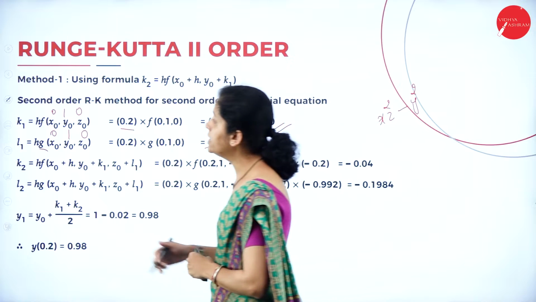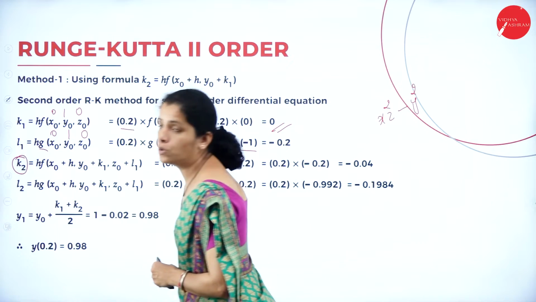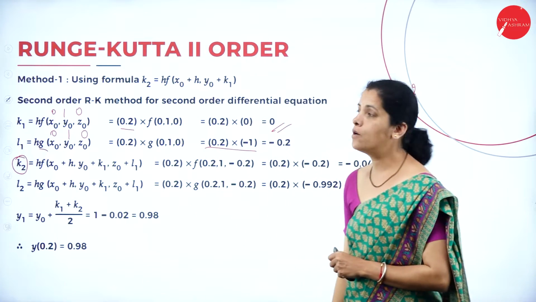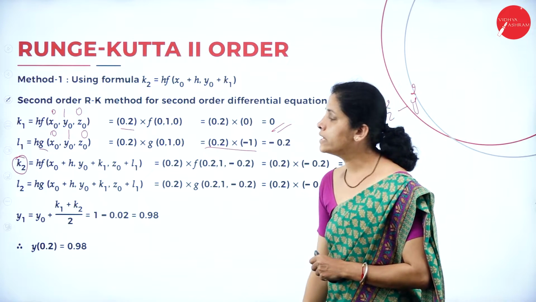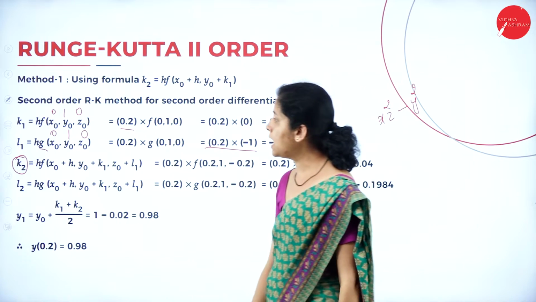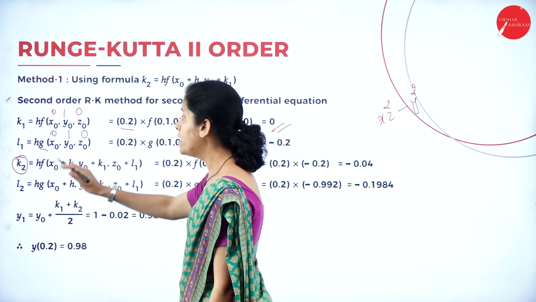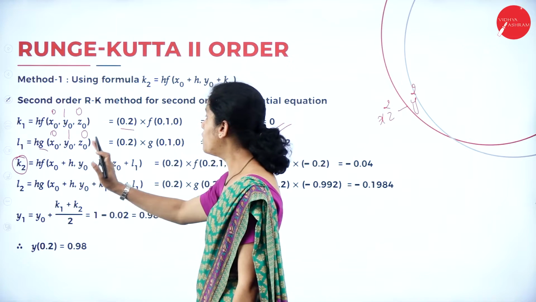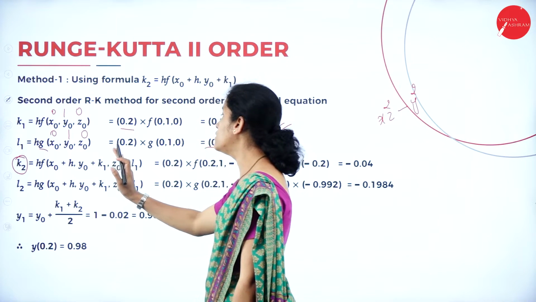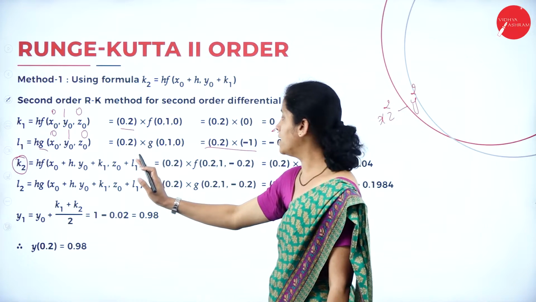Now, dear student, I have K2. In the sense, I want to find out K2. To find out K2, I'm going to use the formula h f of x0 plus h, y0 plus k1, z0 plus l1.